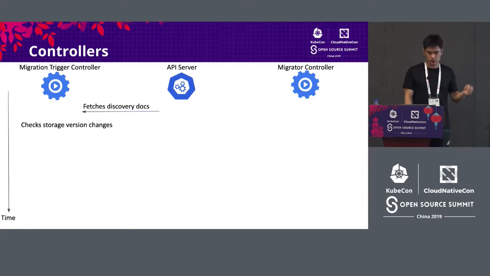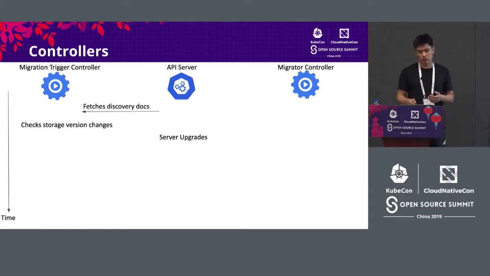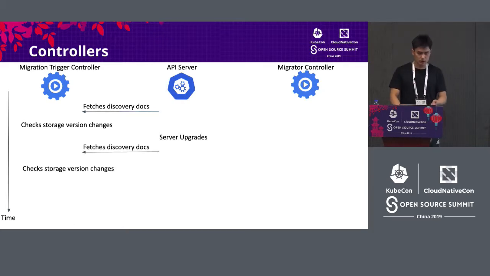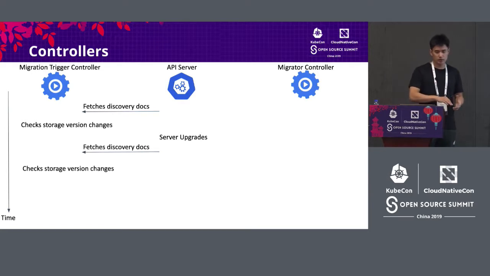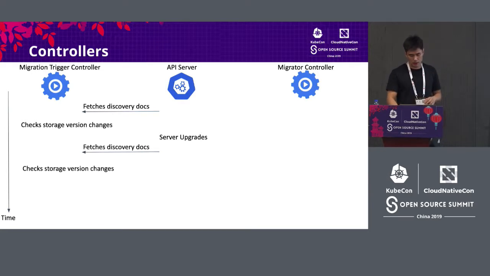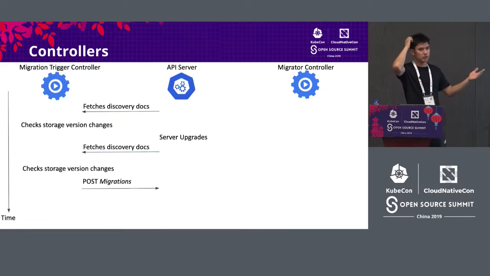It will fetch the discovery document from the API server periodically, and it will detect when the storage version has changed. For example, if your API server has upgraded to the next version, the storage version might change. At this point, the trigger controller will detect the storage version change, and it will post the migration requests.